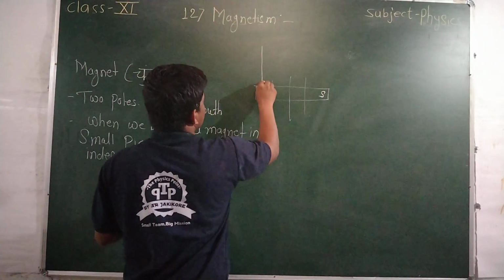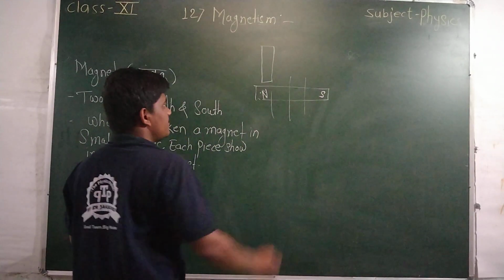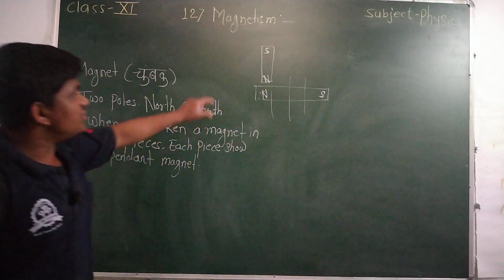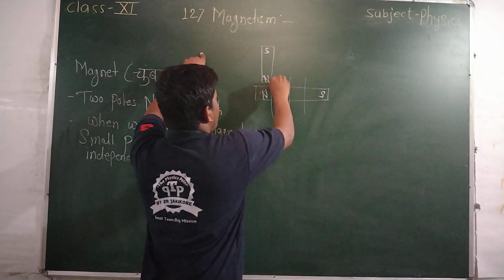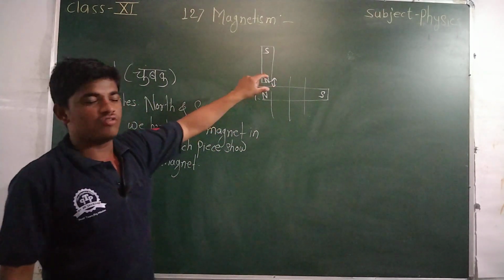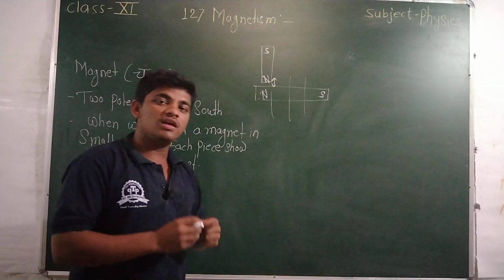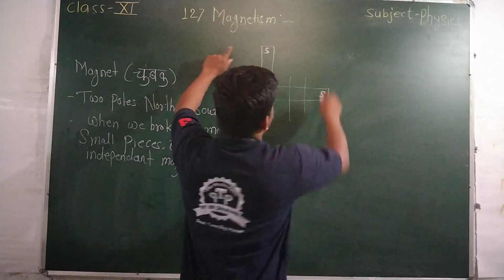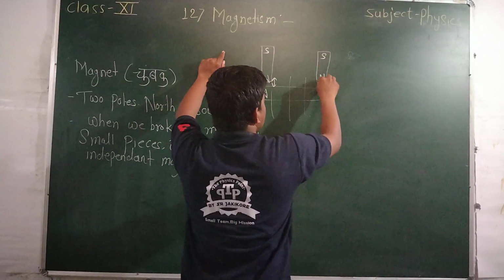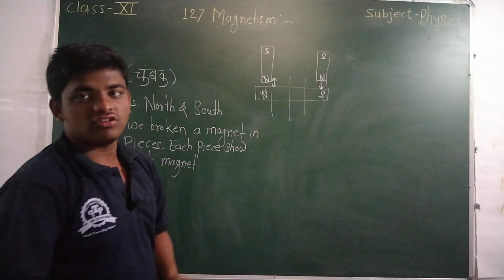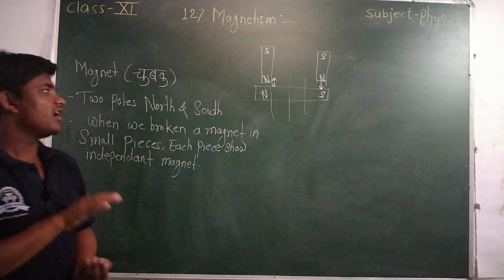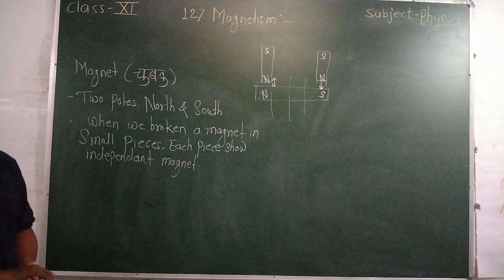When I place a vertical magnet here, with this the north pole and this the south pole, these start to repel each other because they are like poles. Same north and north poles repel each other. When this is placed here, north and south, they start to attract each other. This is one of the best properties of magnets.